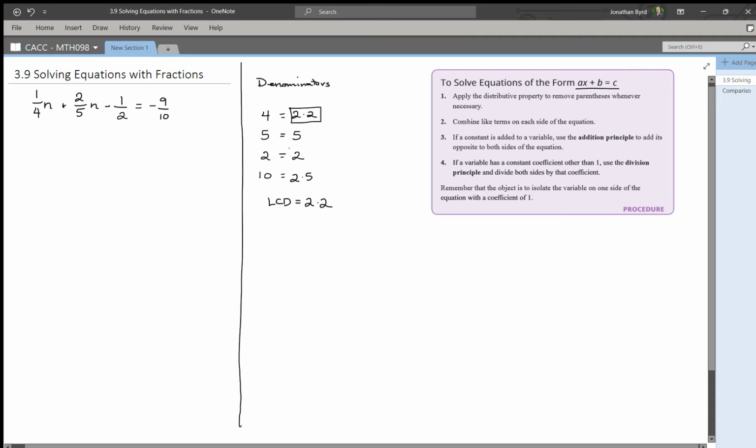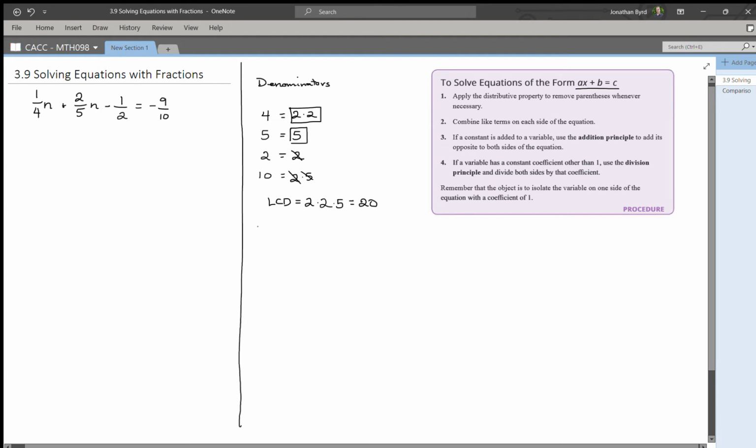It occurs once in the factorization of 2 and once in 10, but most in 4, where it's 2 times 2. The other factor is 5, and it occurs once in both 5 and 10, so we write it down once. That means our least common multiple, or least common denominator, is 2 times 2 times 5, which is 20.